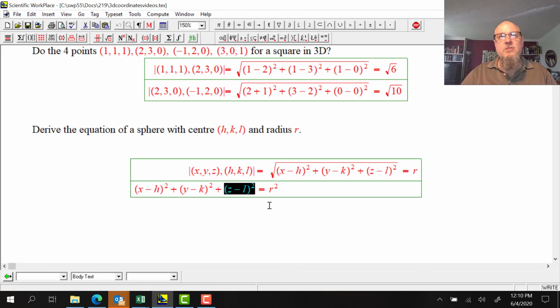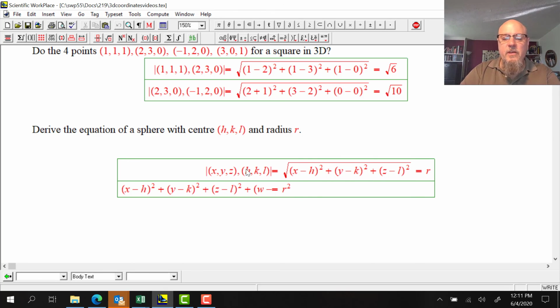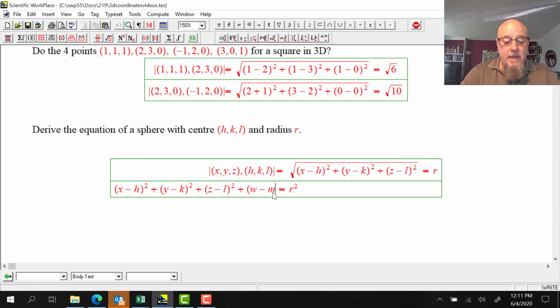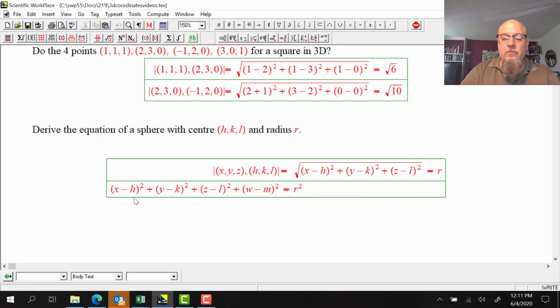The shadow of a 3-dimensional sphere would be a 2-dimensional sphere, a circle. The shadow of a 2-dimensional sphere, a circle, would just be an interval. If I go backwards up, I can turn this into the equation for a hypersphere, a 4-dimensional sphere, with w minus m, and the center would be h, k, l, m.